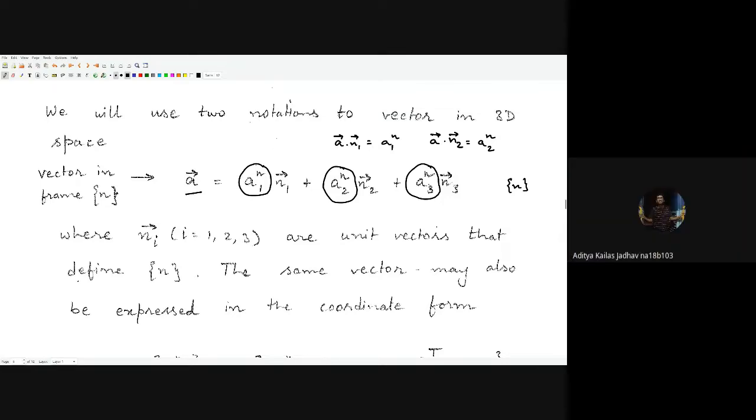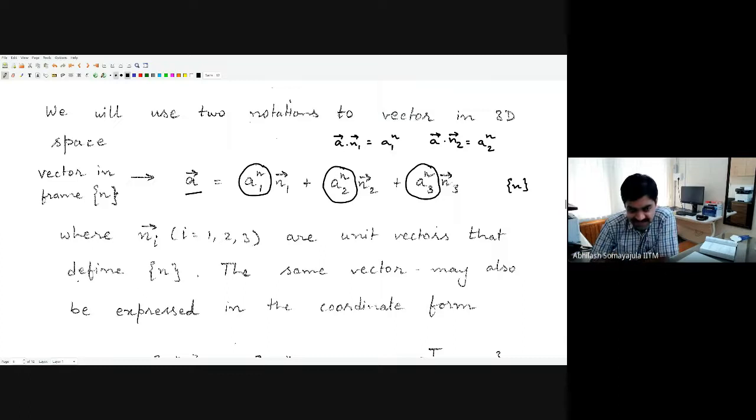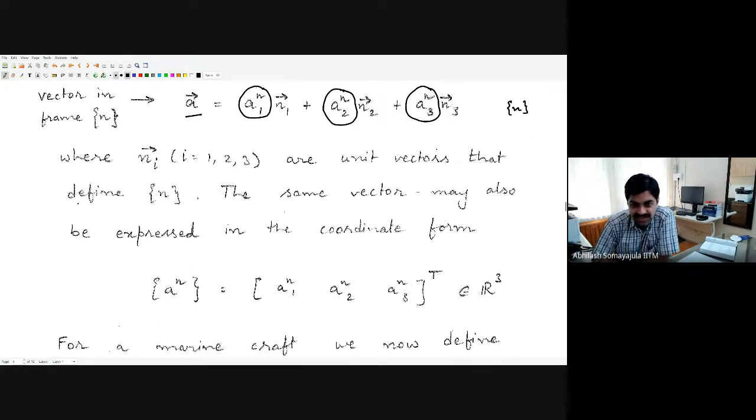Yes, sir. Okay. Now, the same vector may also be expressed in coordinate form. That vector A, I may also write as a vector An, where I am denoting that it is expressed in frame of reference n. And then I simply write it as a vector of three real numbers, A1n, A2n, and A3n.